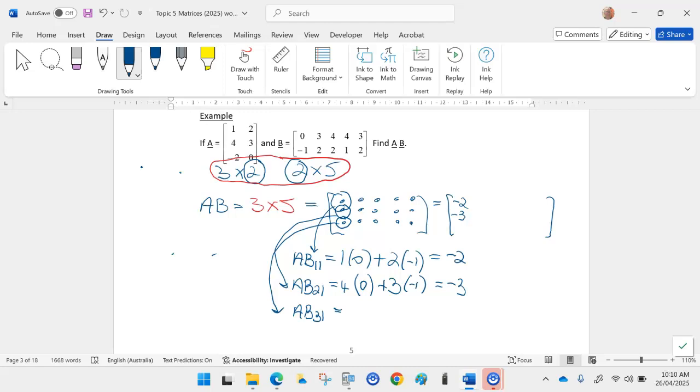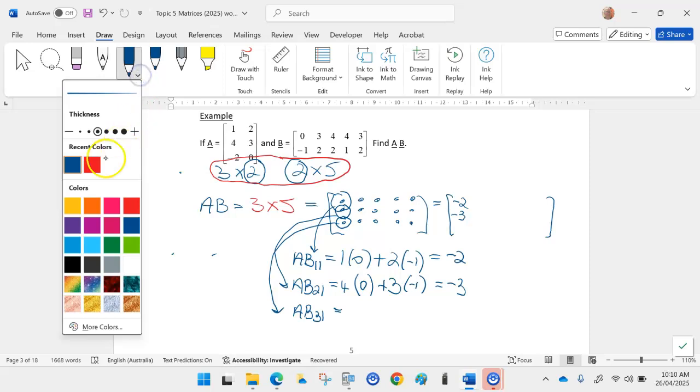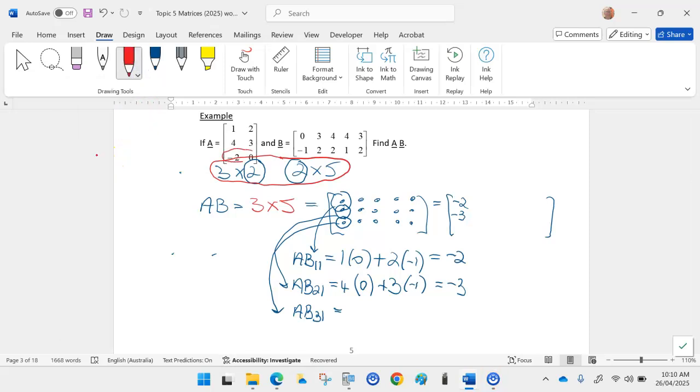I need the third row of matrix A and multiply it through the first column of matrix B. So here we go. Here's my third row of matrix A. I'm going to multiply it through the first column of matrix B.